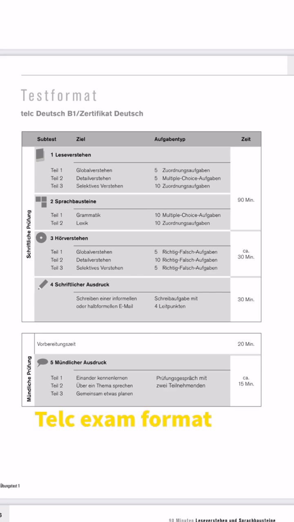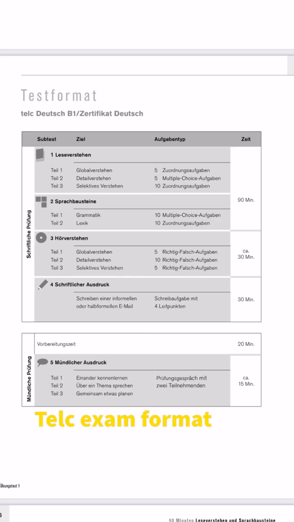But if you fail any of the sections from Lesen Verstehen, Sprachbaustein, Hörverstehen or Schriftlicher Ausdruck, then you have to give all these 4 parts together as one section. And if you fail Mündlicher Ausdruck, you will only be giving Mündlicher Ausdruck as another section.